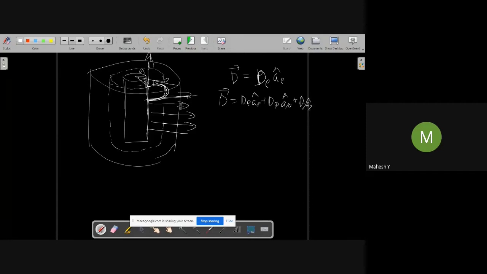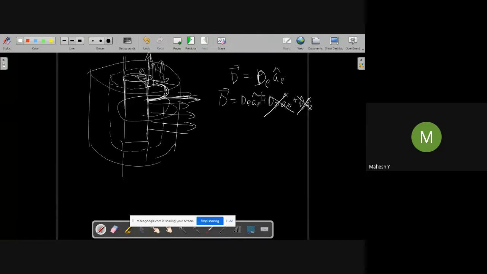But we know that in the diagram, the flux is always moving radially outside, and we have taken only a section of this. Since the surface is extended, only an L section we have taken. So there is no chance of flux moving upward or bending and making a circle. So there is no phi component, no z component.